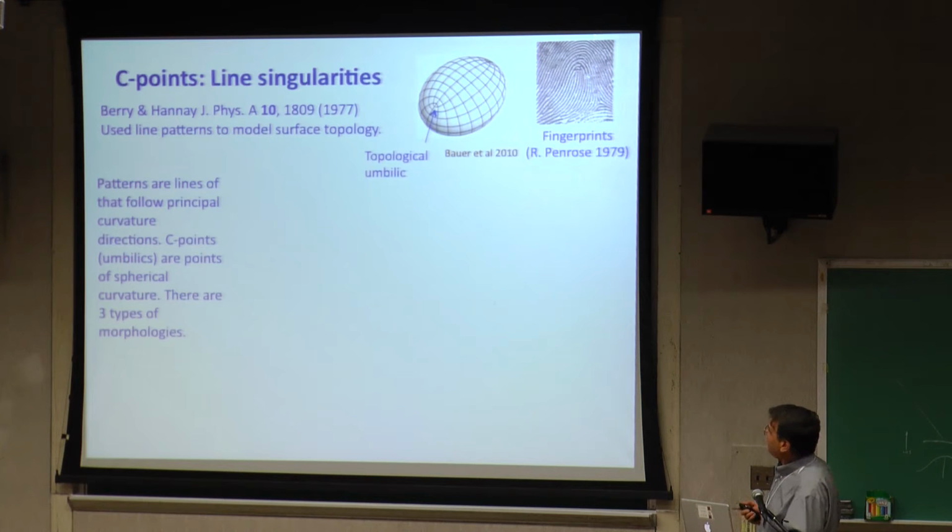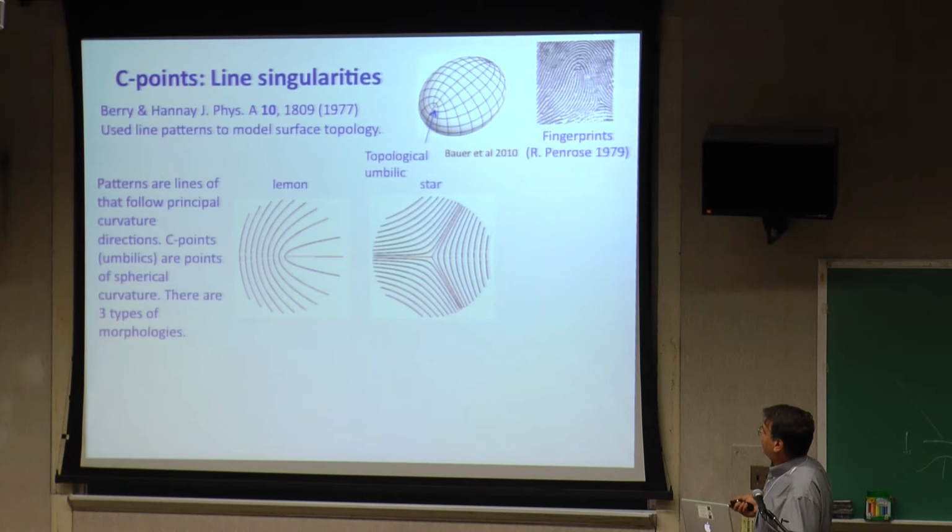So then you could think of these patterns in terms of vectors, and the center point is called the umbilic, and you could think of a vector, and as a vector goes around, it turns. So the direction of the line turns as you go around a circle. So the center is a singularity, and that's what it's called, the umbilic.